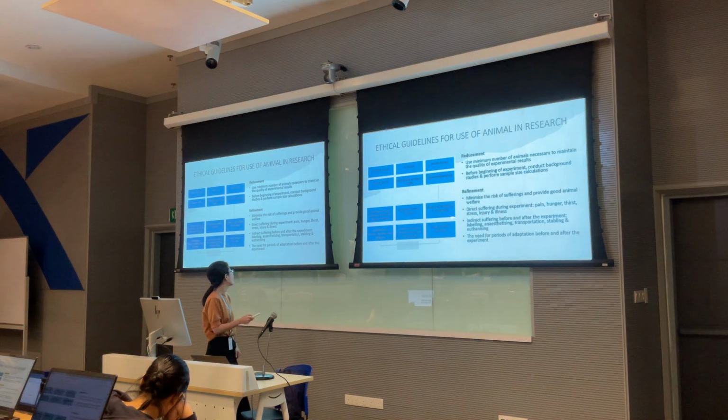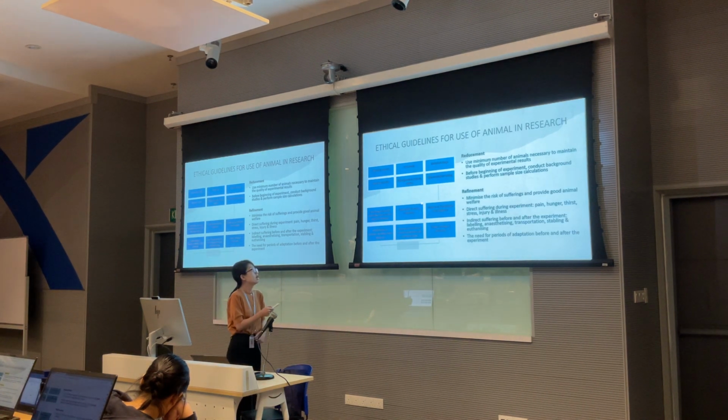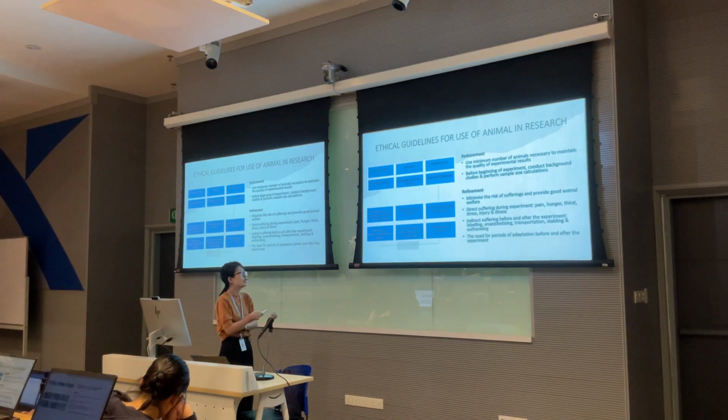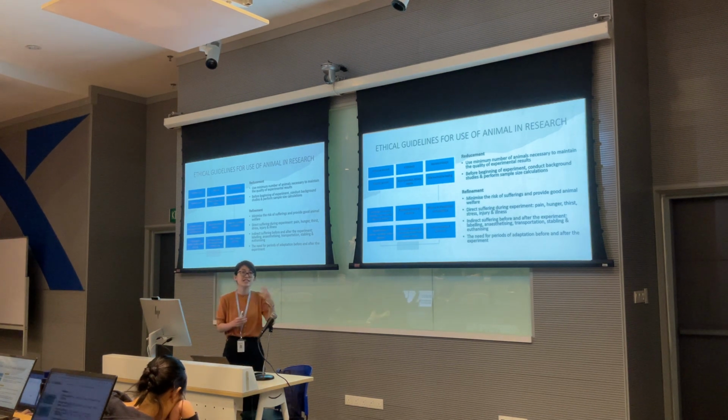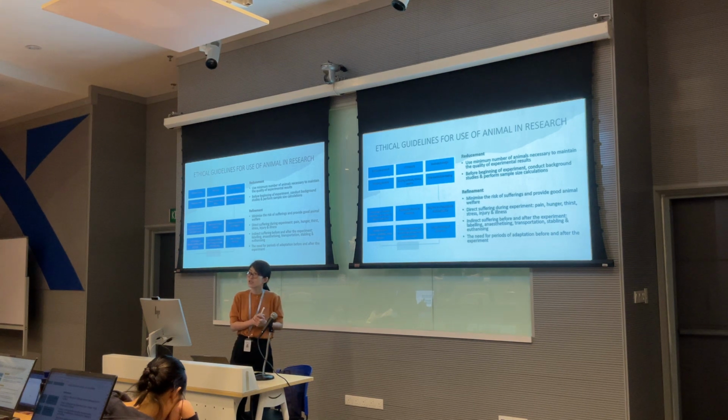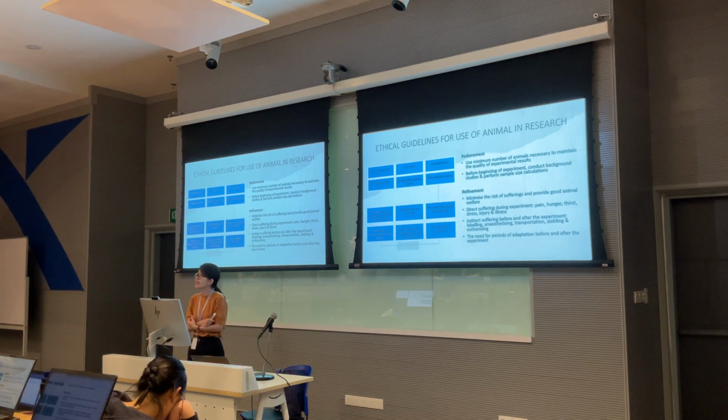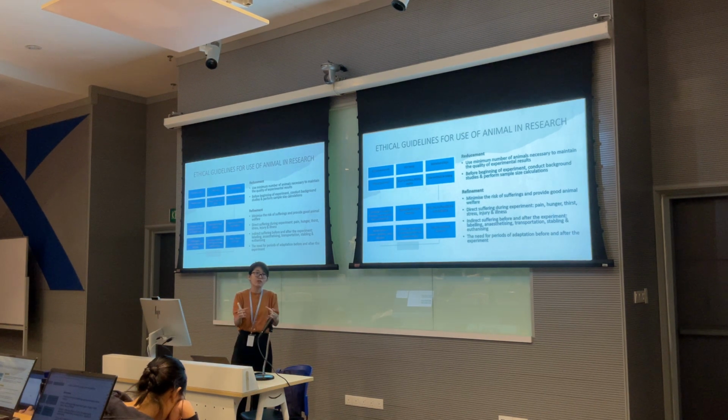Then the last one, refinement. We have some appropriate use, reduce some suffering. Try to know some appropriate humane endpoint. For example, you inject some tumor cells into the mice and let the tumor grow bigger during the study. At the end, the tumor will have a very big size, a big tumor burden.